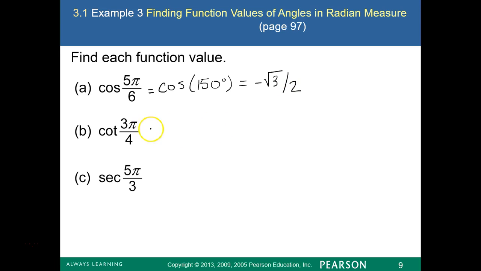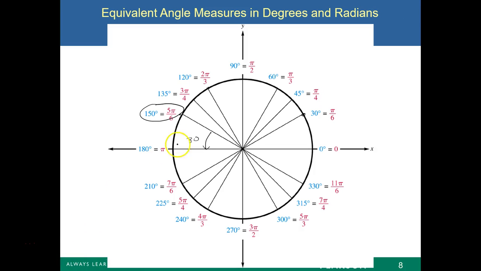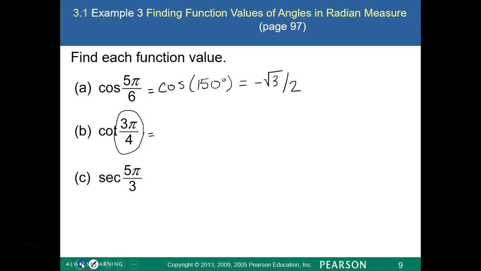Now let's go to cotangent. I'm going to go back to that unit circle and we're going to find the degree measure for this, or you can use your calculator, your brain to figure out what degree measure is 3 pi over 4 radians. 3 pi over 4 radians right here, 135 degrees. So cotangent of 135 degrees.